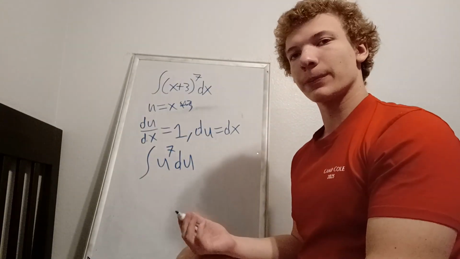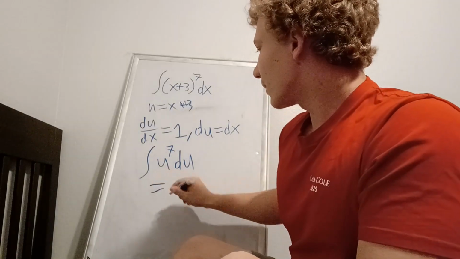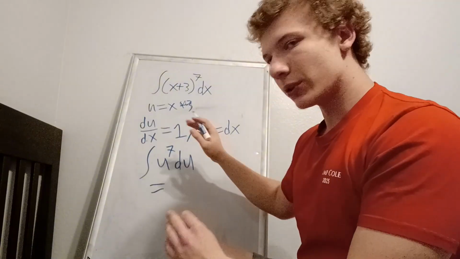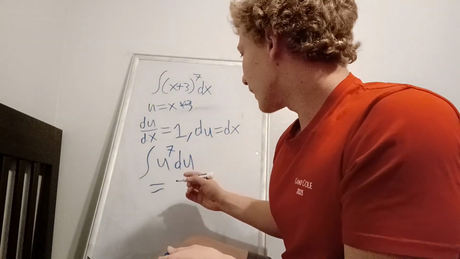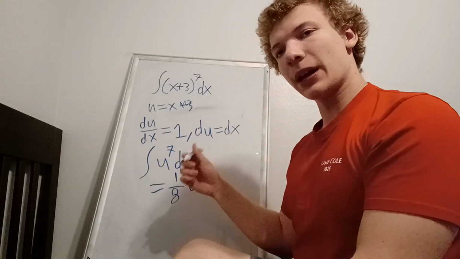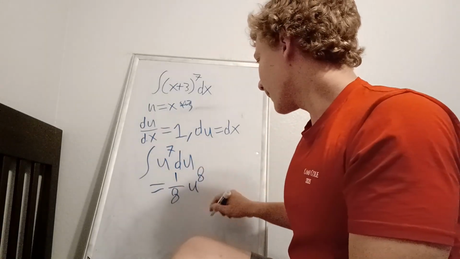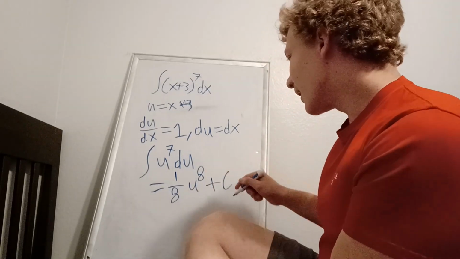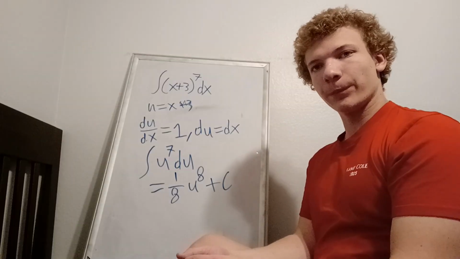It's going to be the reverse power rule. You add 1 to the power, so 7 plus 1 becomes 8, and you divide that in the front. So we get 1/8 u, and then that power stays as 8. But we're not done because we need plus c, since it's an indefinite integral.